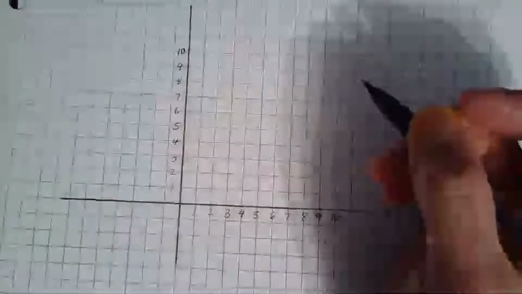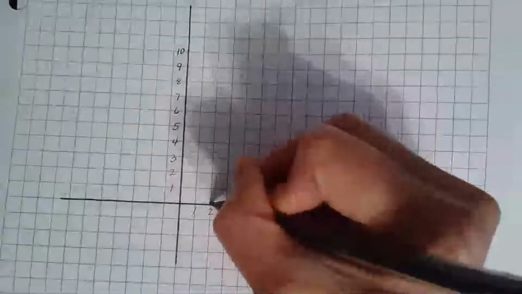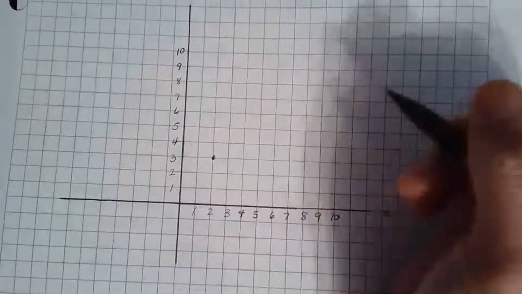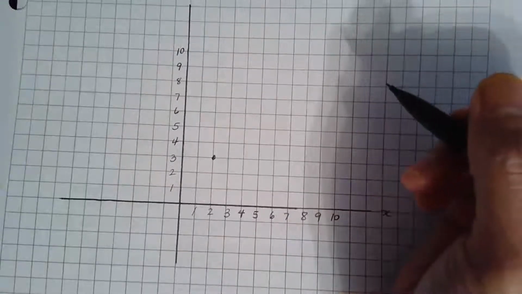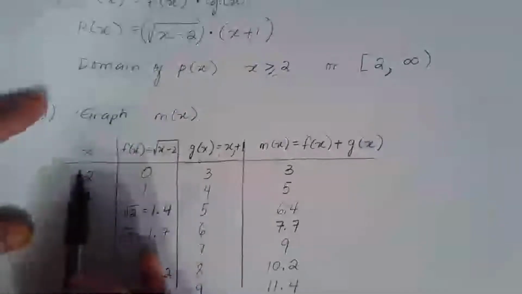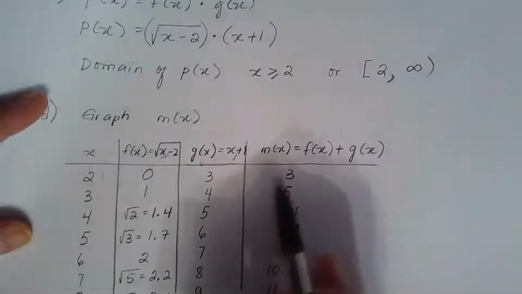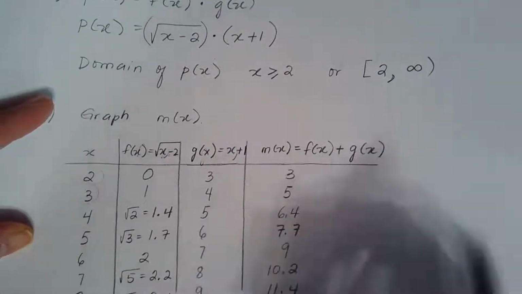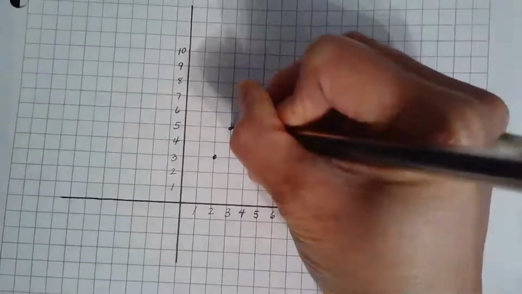Point 1 would be 2, 3, so 2, 3. The next one is 3, 5, so 3, 5.